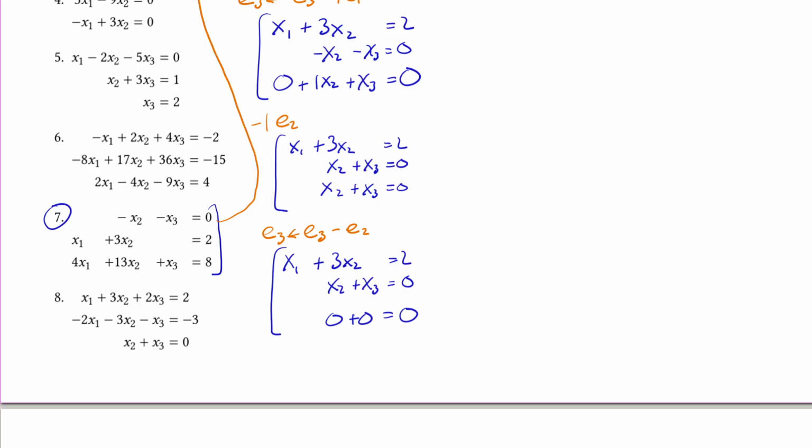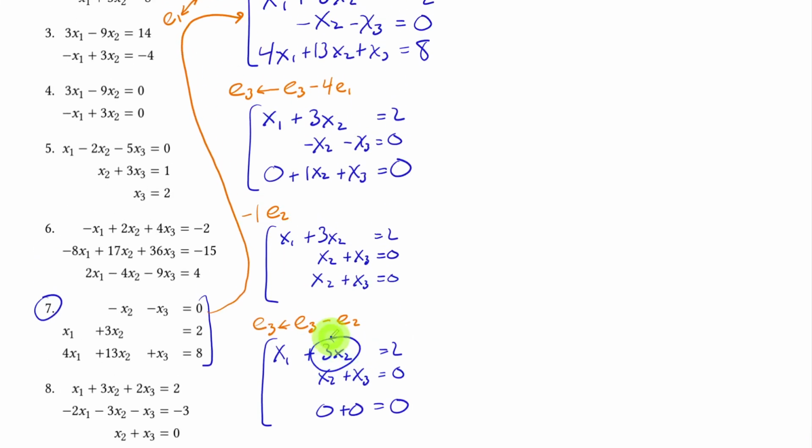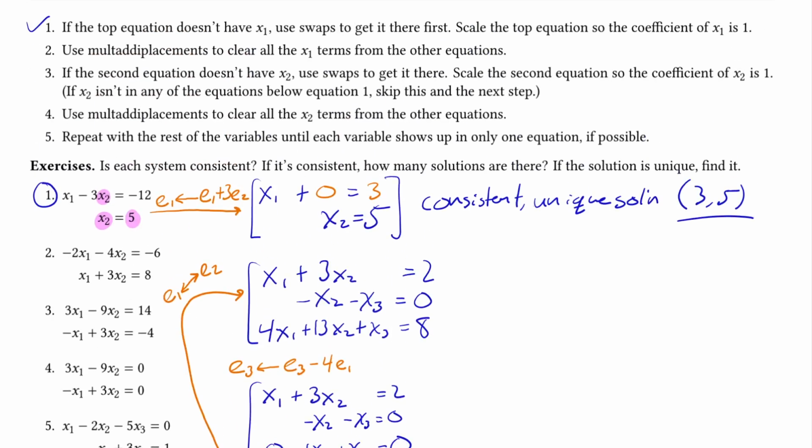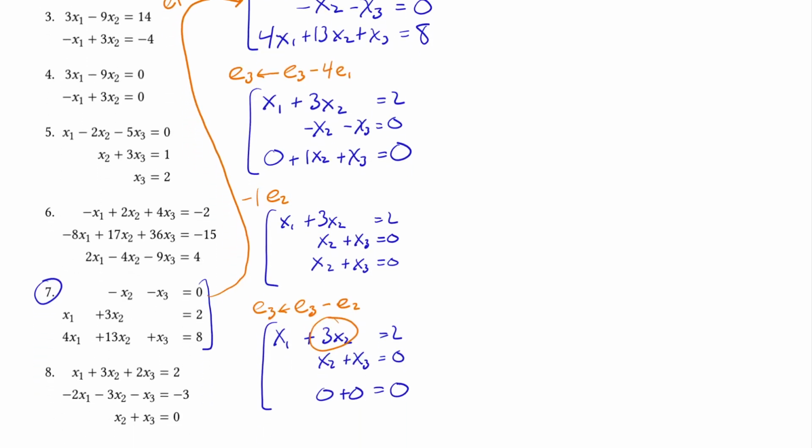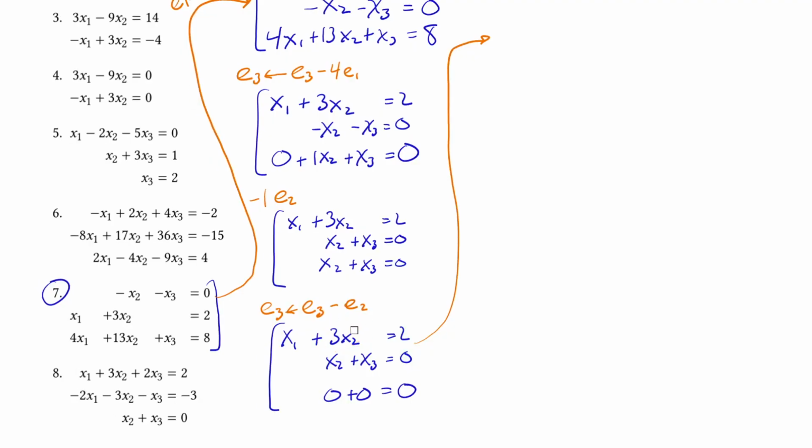And at this point, I guess maybe we should clear away this 3x2 here as well. So to get rid of this 3x2, just to say we're following the steps, we still need to clear x2 from the other equations other than the second equation. We want to do this 3x2 minus 3 times this x2, right? And it was good that we cleared away the x1s earlier because we don't want an x1 to mess up that nice x1 we already have here.